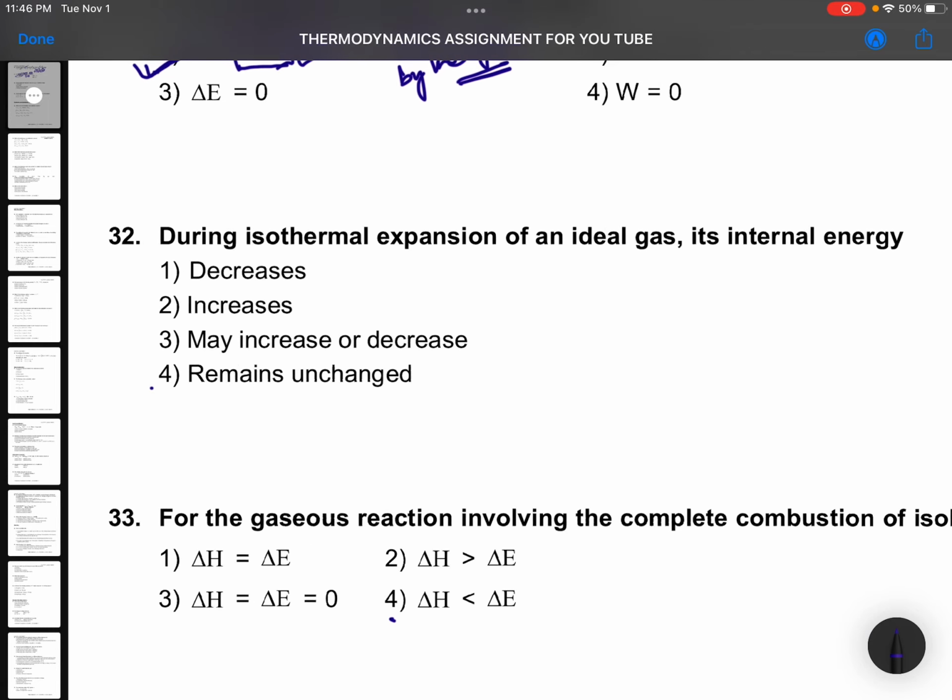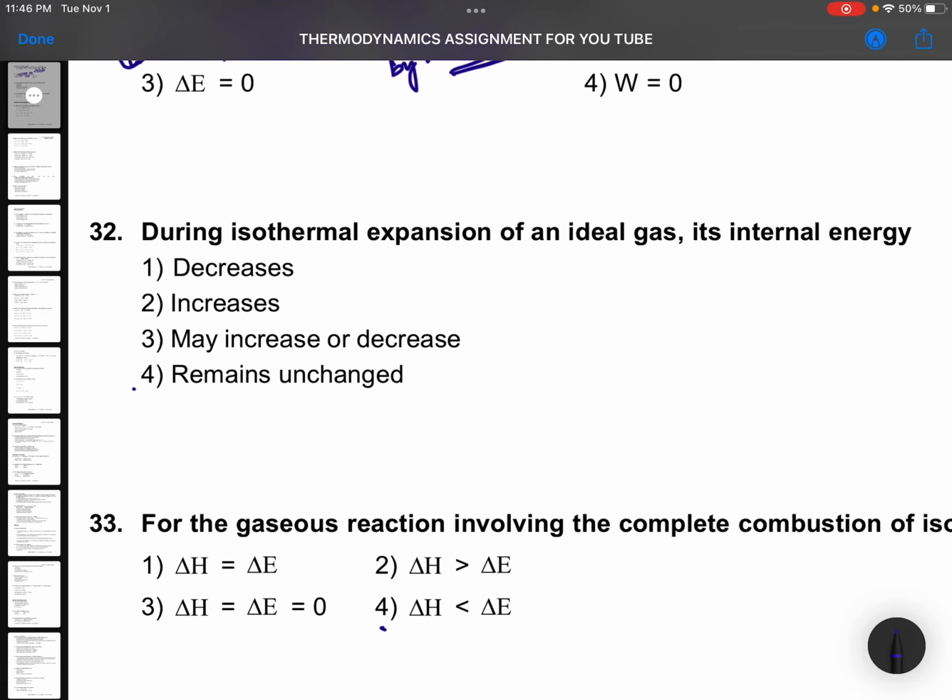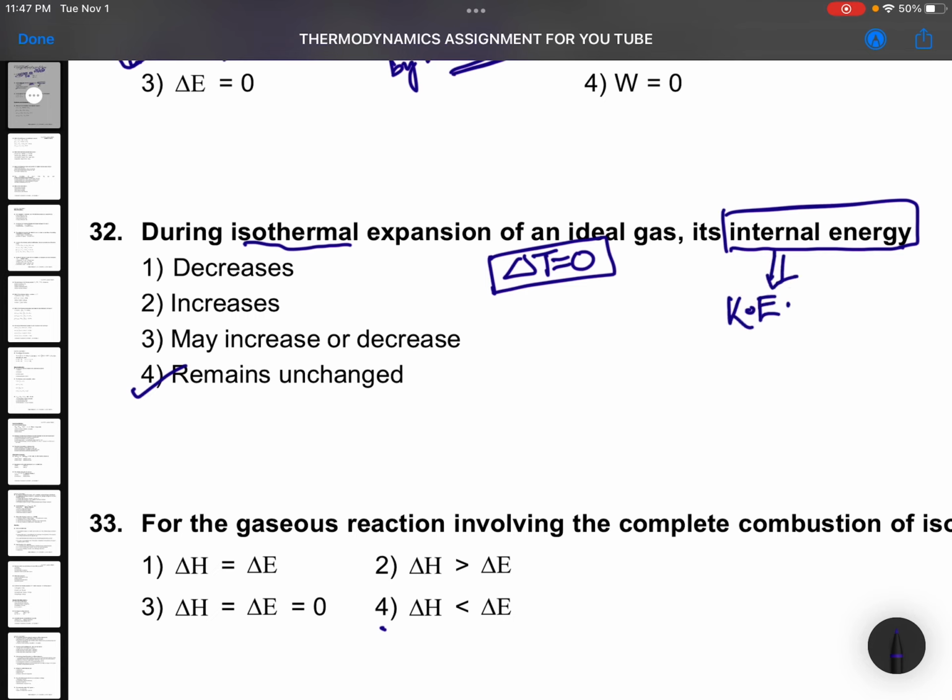During isothermal expansion of an ideal gas, its internal energy decreases, increases, may increase or decrease, or remains unchanged. Why? During isothermal expansion, delta T is equal to 0. When delta T is 0, the internal energy of the gas molecules is taken as kinetic energy, because in an ideal gas there are no attractive forces.